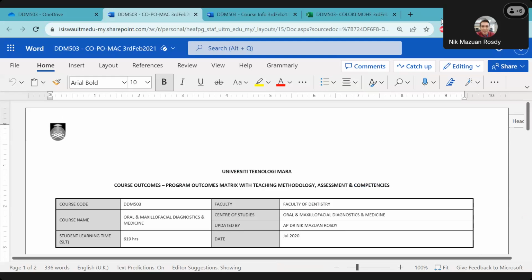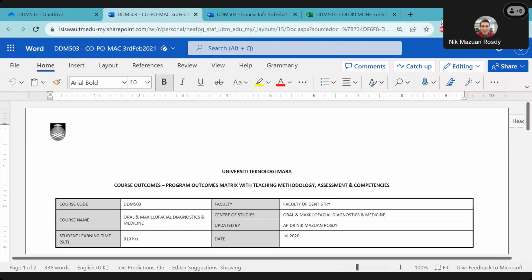You boleh buat yang baru punya, tapi I rasa tak salah kalau you ikut yang lama punya because standard dia tak ikut. So kalau dia kata kenapa tak ikut PLO nombor 2, tak ikut MQF 2.0, you can cakap standard tu.